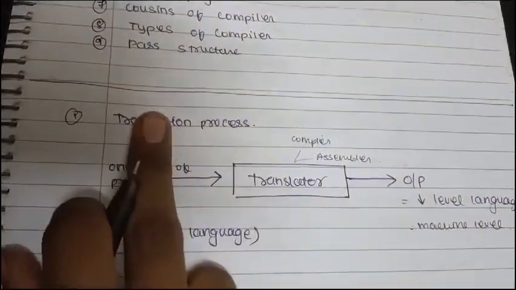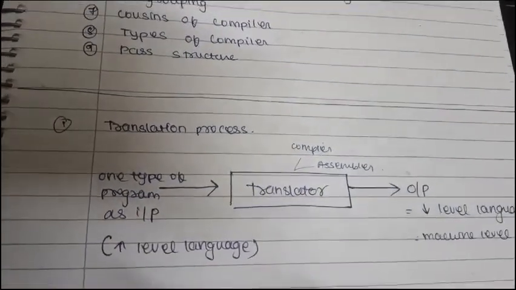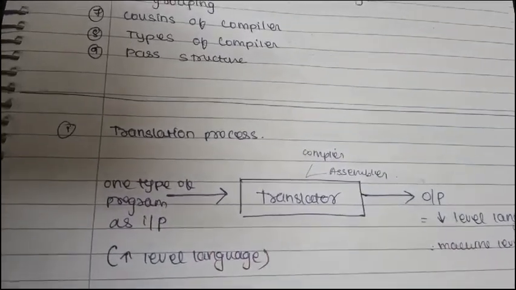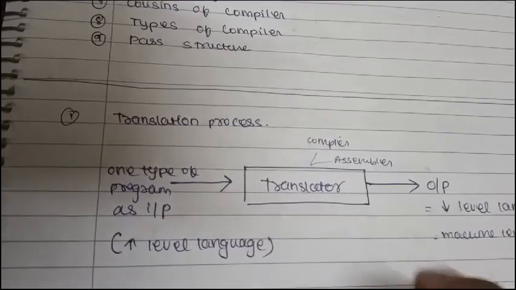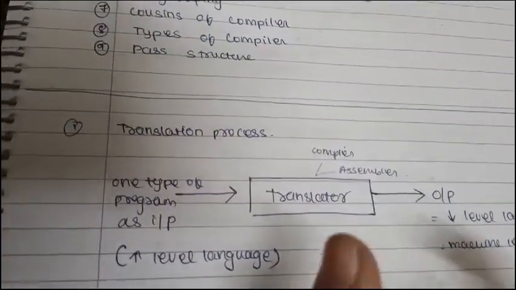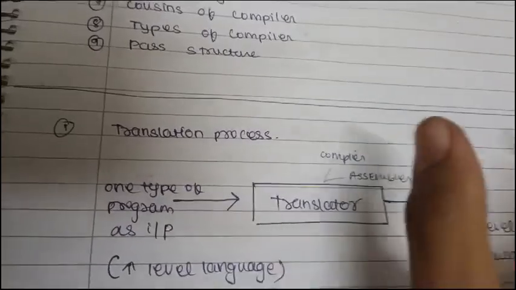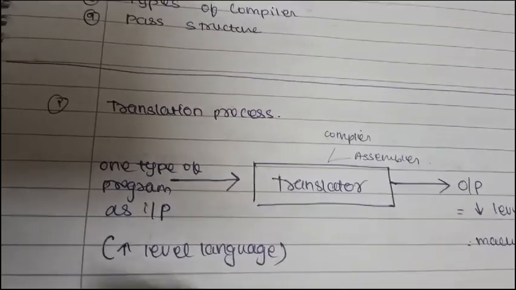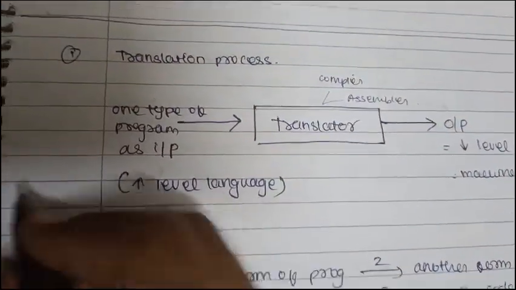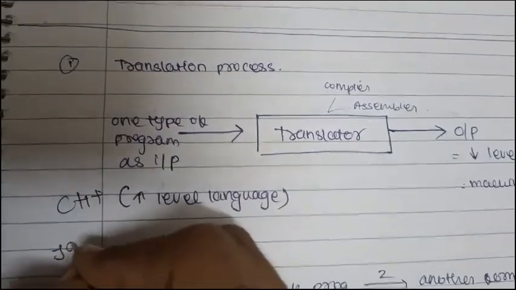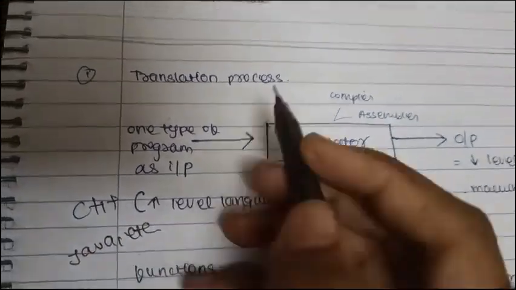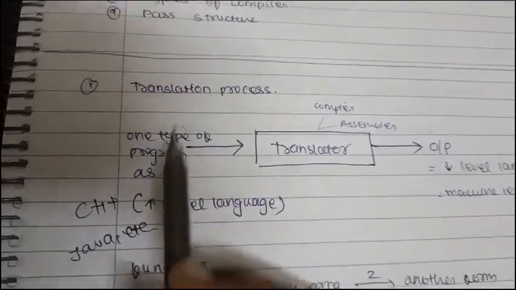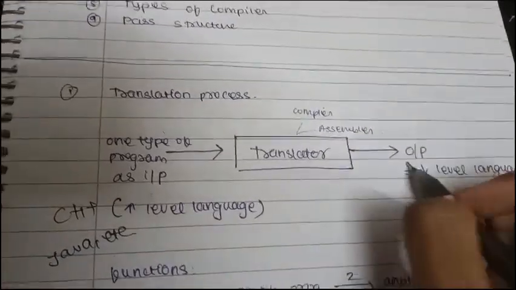First of all, starting with the translation process, let's understand what exactly a translator is. A translator obviously translates something, right? But here in compiler design, we are talking about a source program, any program which you write in a high level language, that is C++, Java, etc. This translator transforms one type of program into another type of program, which will be your output.